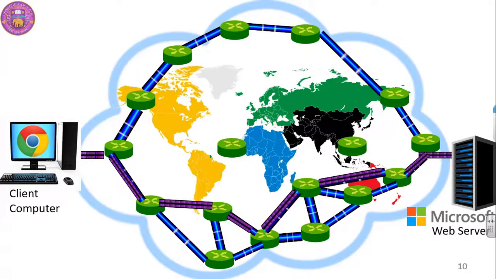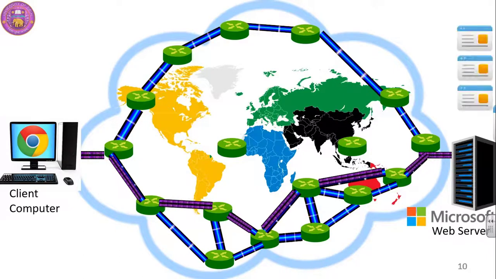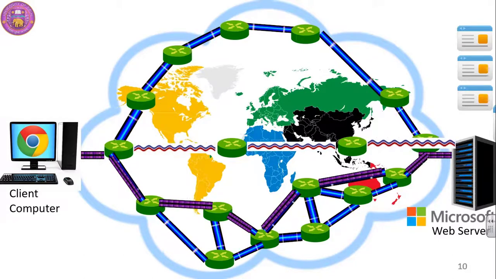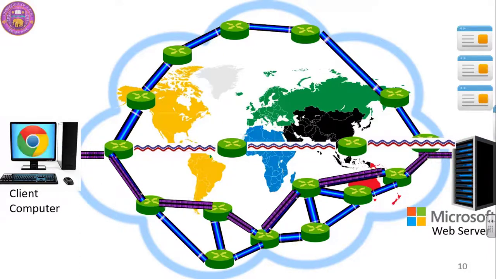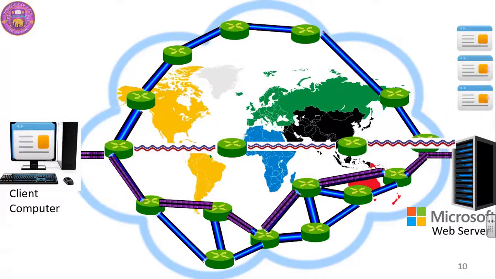The Microsoft Web Server comes to know that a particular client computer requires a particular web page. So the web server sends the required web page to the client computer.